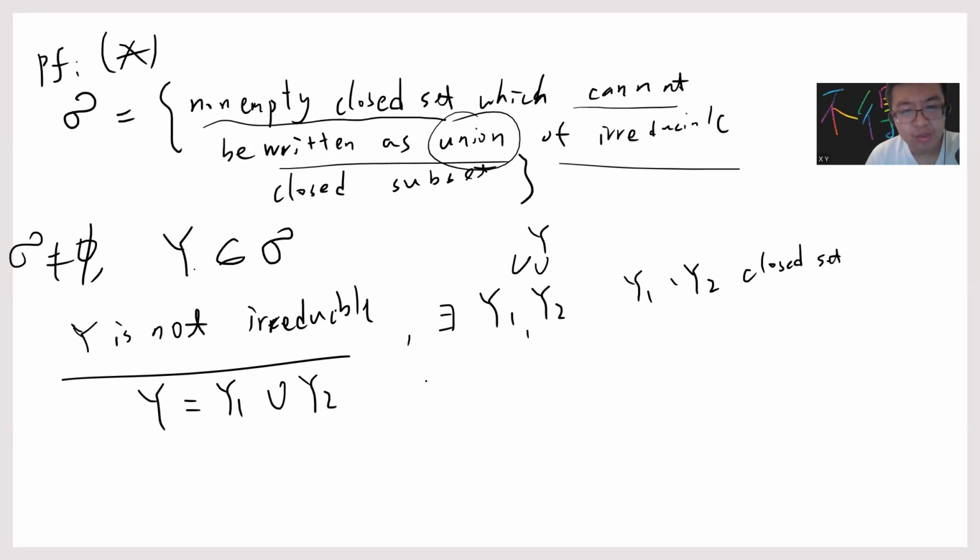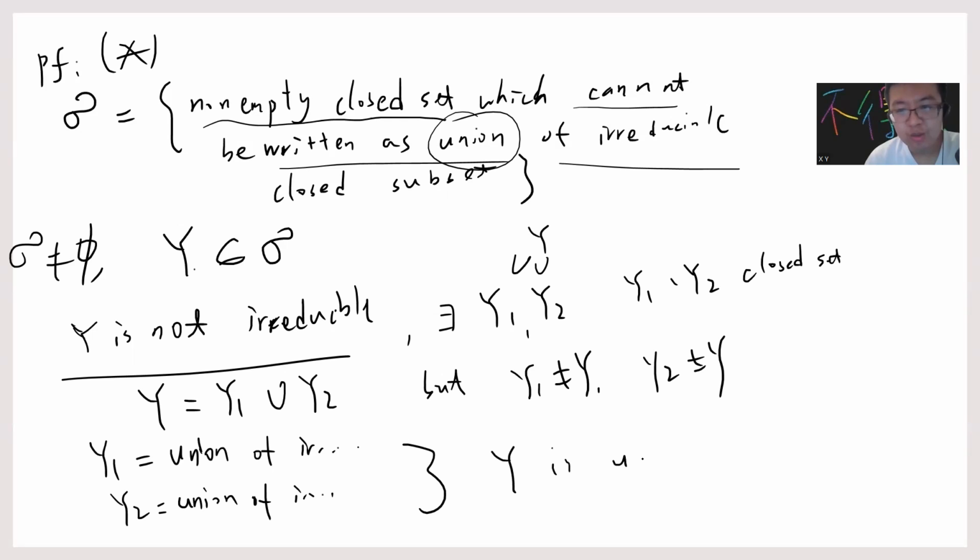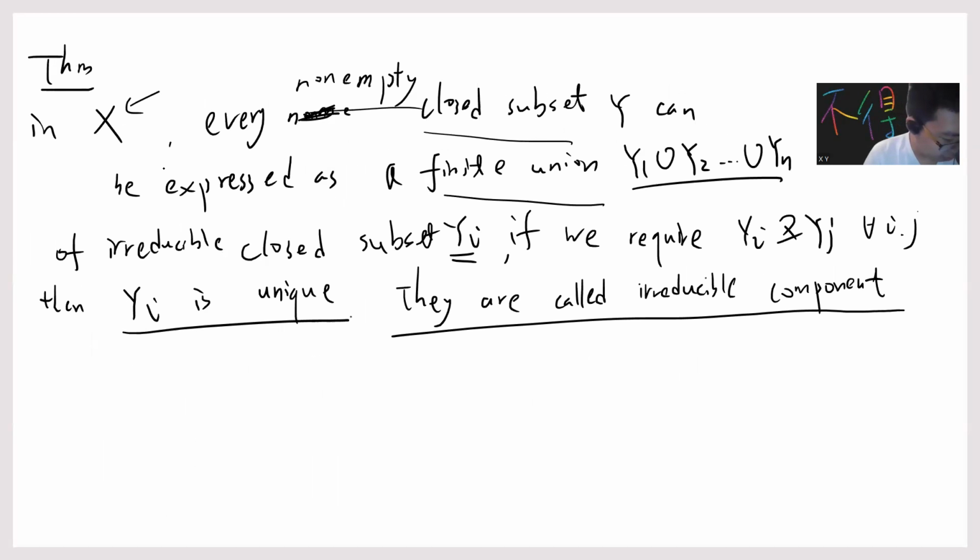So Y is the union, but Y1 is different from Y, Y2 is different from Y, and they are smaller than Y. So by minimality, Y1 can be written as a union of irreducible closed subsets, and Y2 can also be written as a union of irreducible subsets. And then combining these two proves that Y can be written as a union of irreducible subsets, which is a contradiction. Okay, so which proves the result.